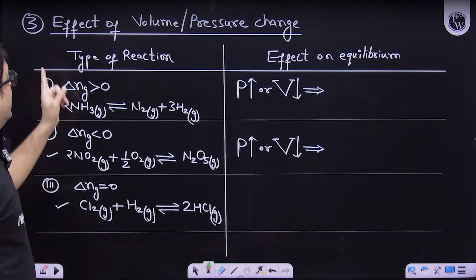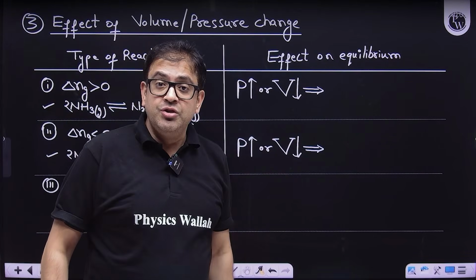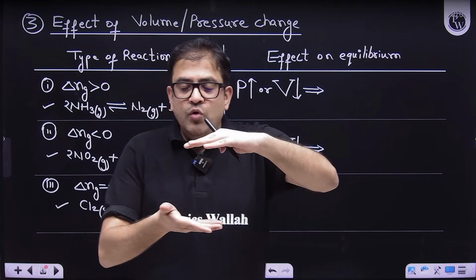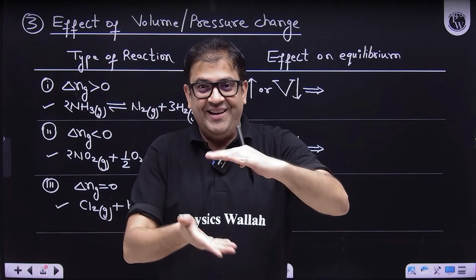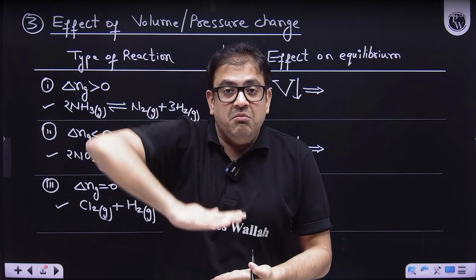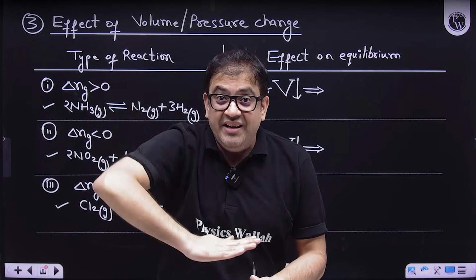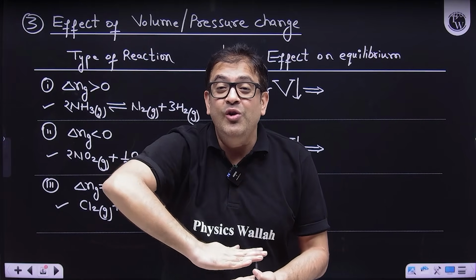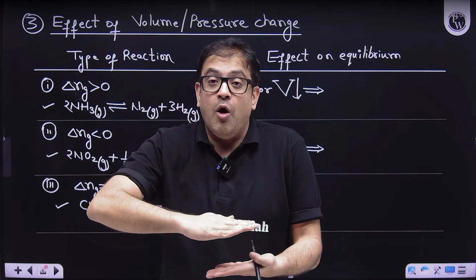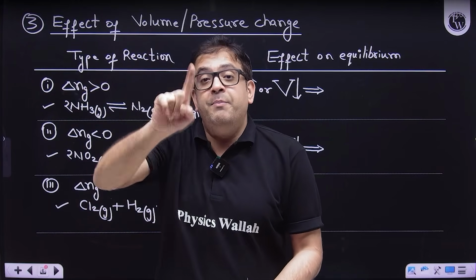Moving ahead. Now, the effect of volume and pressure change, sir. How will you quantify that? So, if you have a vessel, obviously equilibrium can only take place in a closed vessel. If volume is getting decreased, so if you decrease volume, the pressure of the system will increase. And obviously, opposite, if we increase volume, pressure will decrease.